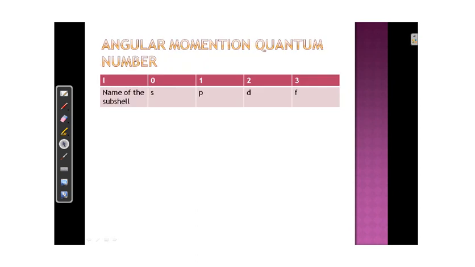If we observe the l values accordingly, the names of the subshells are given here. When l is equal to 0, it is S subshell. l is equal to 1, it is P subshell. l is equal to 2, it is D subshell. l is equal to 3, it is F subshell.